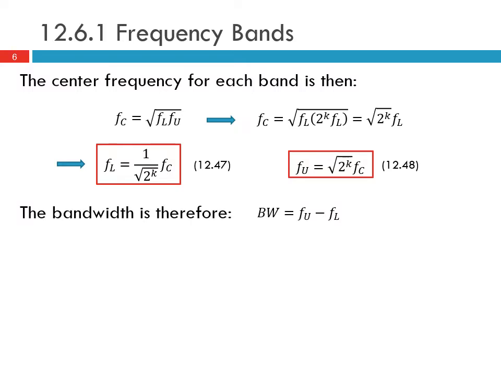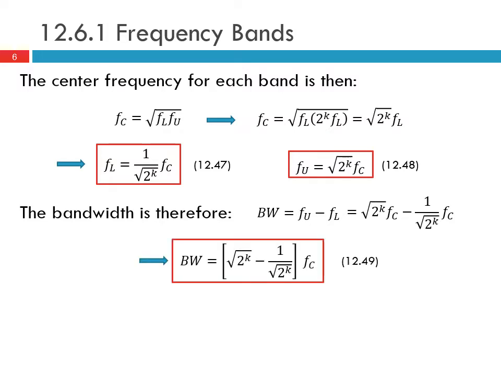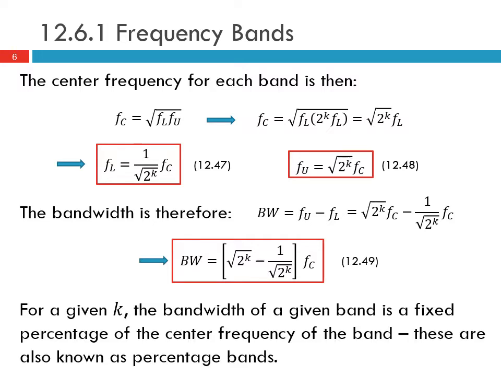So the bandwidth, FU minus FL, is equal to the square root of 2 to the exponent k, FC, minus 1 over the square root of 2 to the exponent k, FC, which we can write as shown here. For a given k, the bandwidth of a band is a fixed percentage of the center frequency of that band. Because of this, these are known as percentage bands.